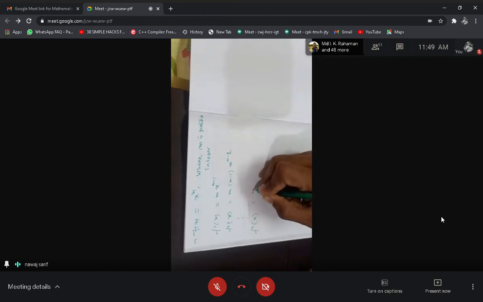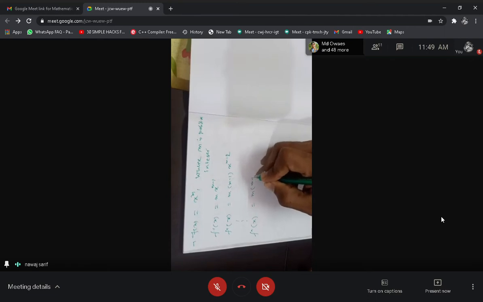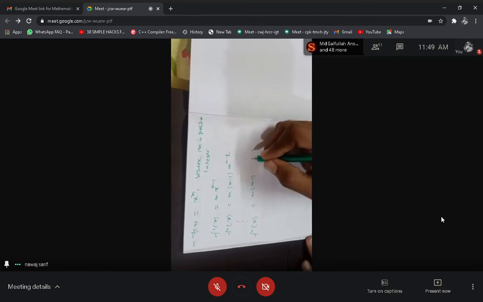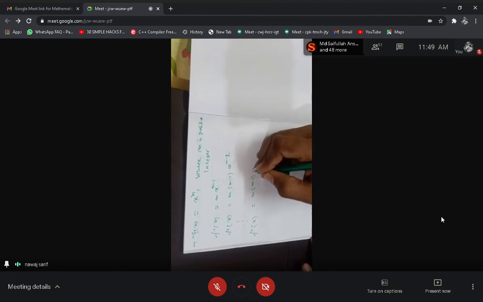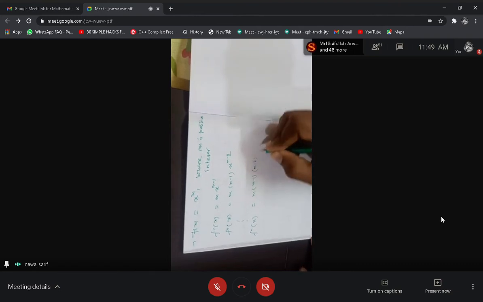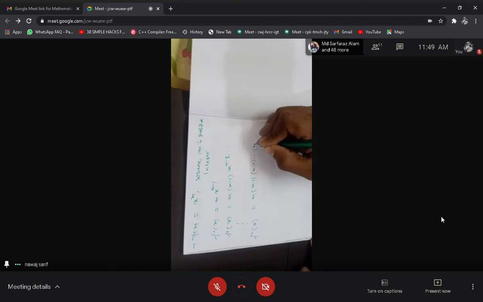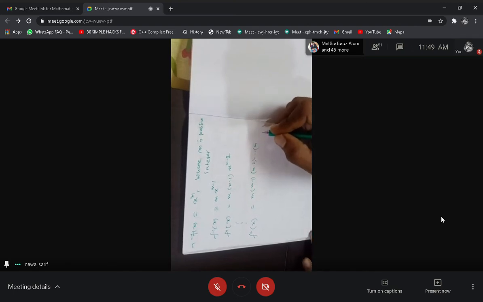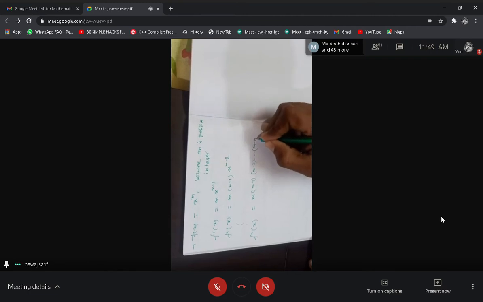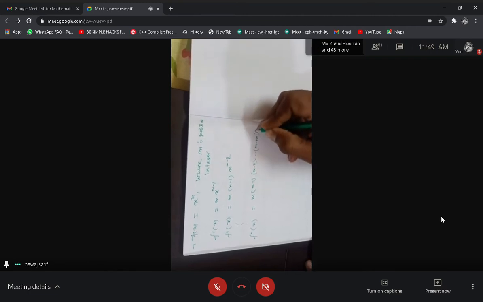The nth derivative is m into m minus 1 into m minus 2, up to m minus n plus 1, times x to the power m minus n.